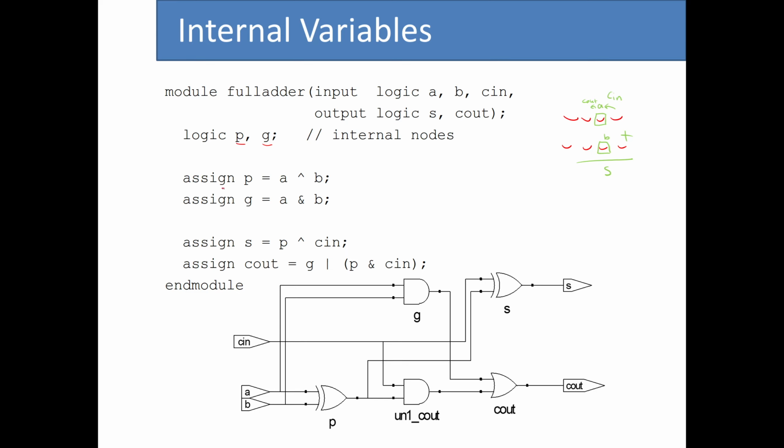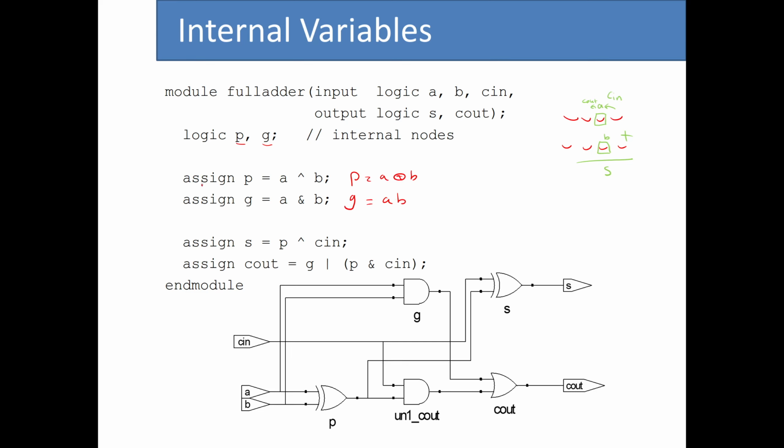And then we say assign P to be XOR of A and B, so P is A XOR B. Remember, this one is the exponent or the caret sign, which is used for representing the XOR. And G is the AND of A and B, so this is basically AB.